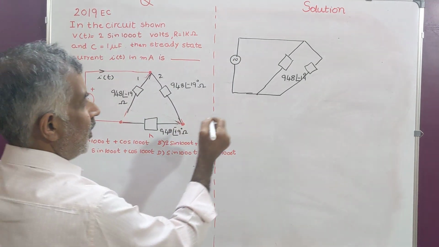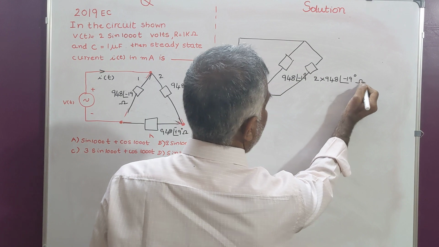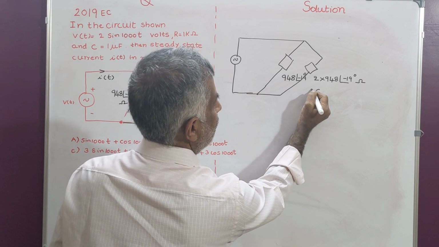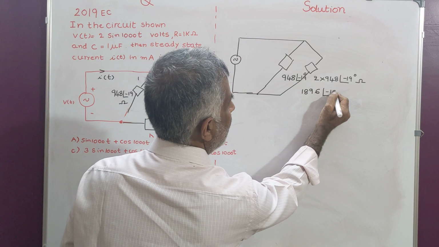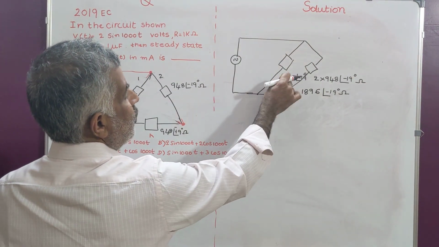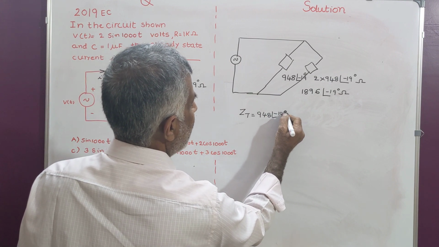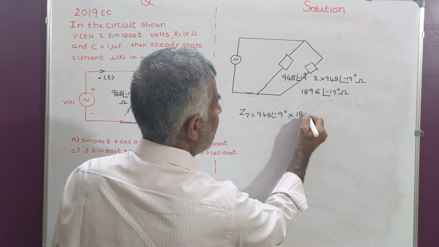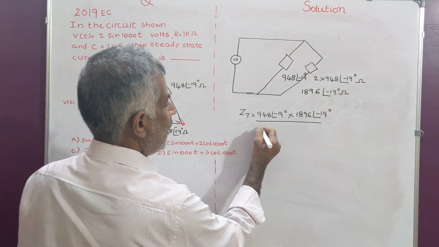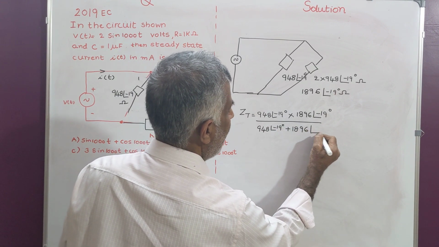Therefore, if you draw the network with impedance values, this is 948 angle minus 19 and this one is 2 times 948 angle minus 19 degrees ohms, that is 1896 angle minus 19 degrees ohms. Now next, the impedance of these two, ZT, is equal to 948 angle minus 19 into 1896 angle minus 19, divided by 948 angle minus 19 plus 1896 angle minus 19.